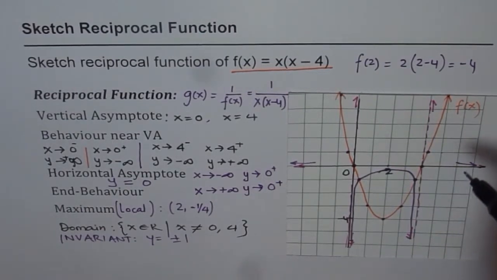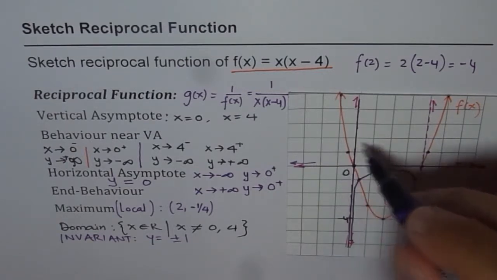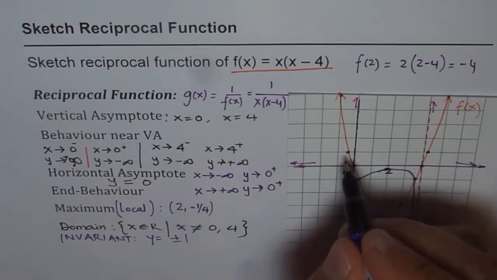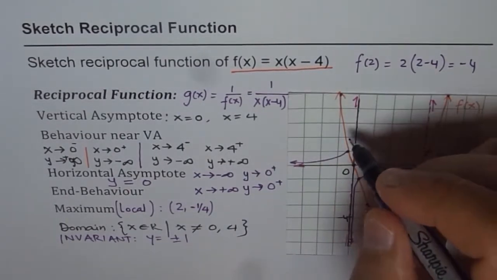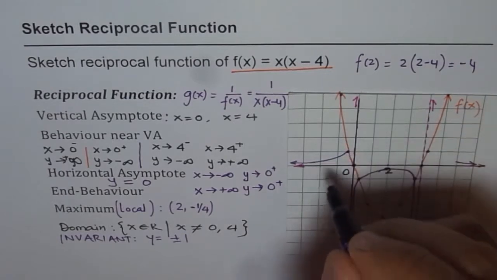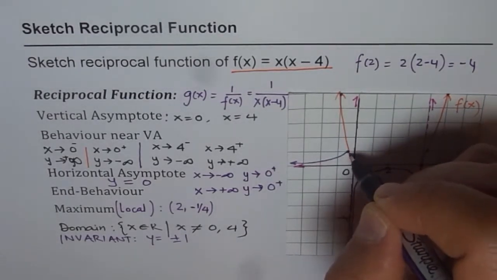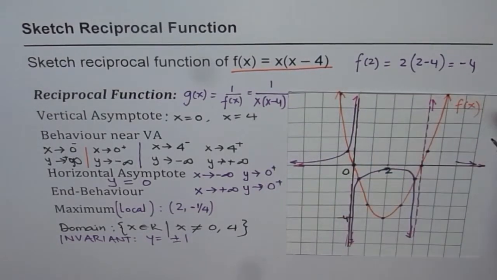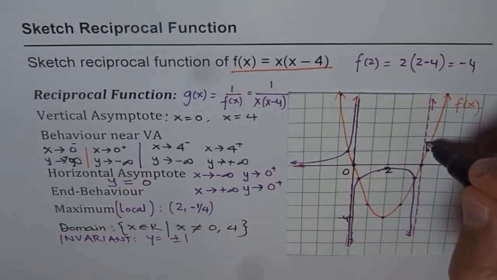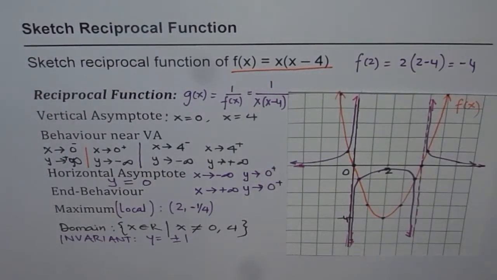And on the sides, we'll be in the top quadrants, 2 and 1. Starting with the invariant point, approach minus infinity on the left, and on the right, the function approaches 0 towards the asymptote on the positive side. So that completes our function.